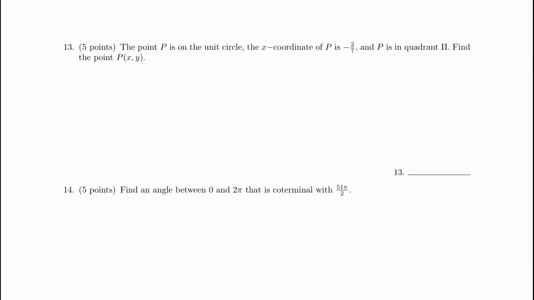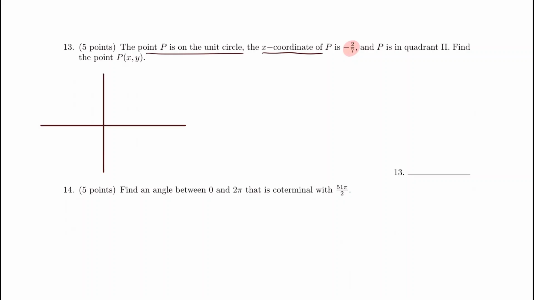Now for number 13, the point P is on the unit circle. The x-coordinate of P is negative 2 over 7, and P is in quadrant 2. So this point is located in quadrant 2. We want to find the point x comma y, so we need the y-coordinate of this point. So let's suppose we have a unit circle.